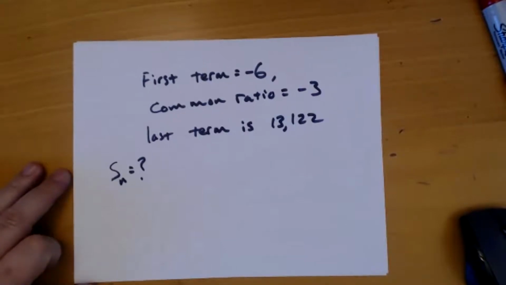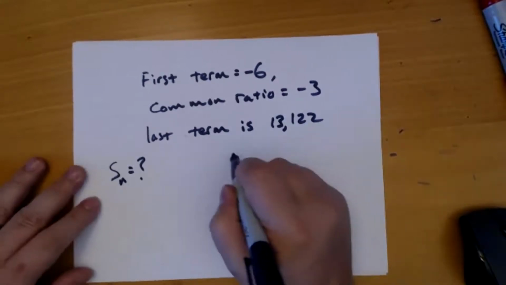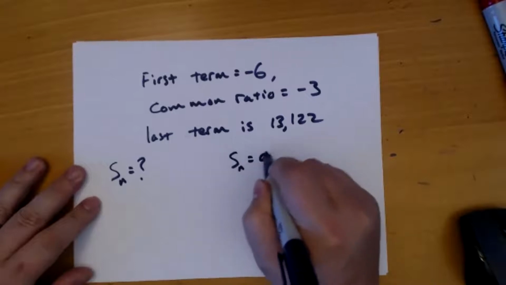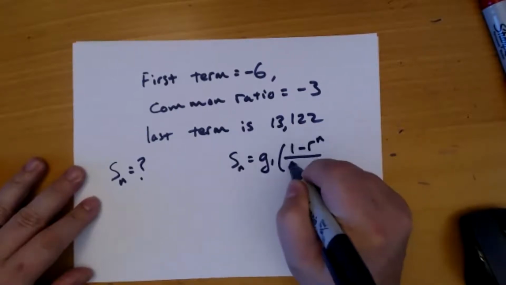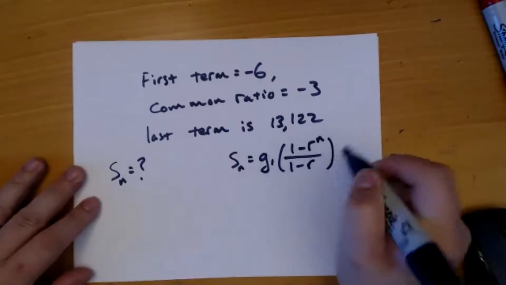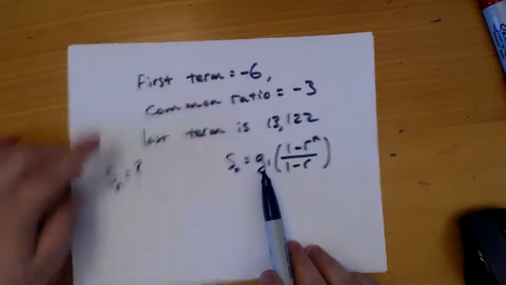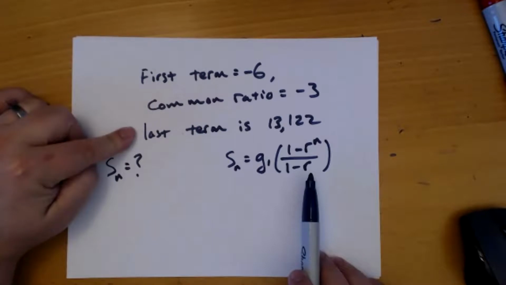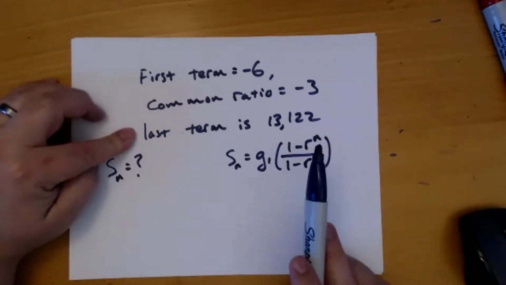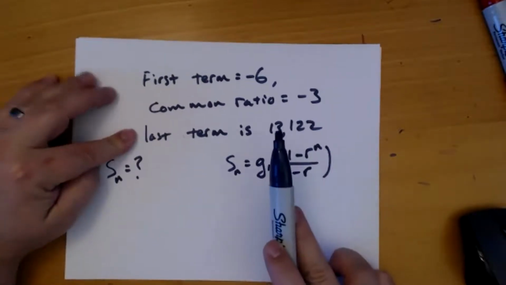So let's think about it this way. In order to find the sum, I need G1, R, and N. Well, I know what G1 is, yay. I know what R is, yay. We know what the last term is, but we don't know what N is for that.